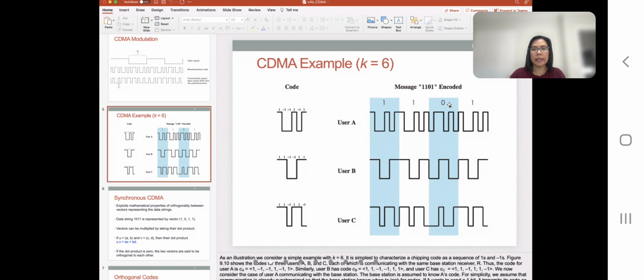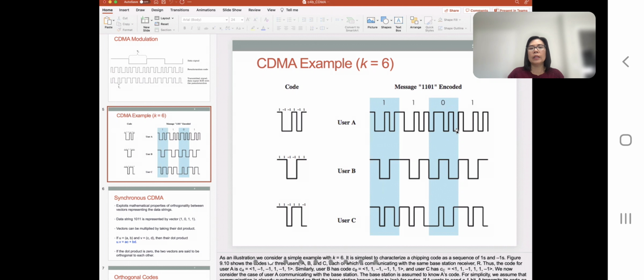remember, in circuits, we don't have 0 voltage. We will have two different voltages, one for 1 and the other for 0. So we can assume that we use a positive voltage for 1 and a negative voltage for 0. If we multiply this by -1, then you can see that these codes will be inverted. So instead of 1, it becomes -1, and then -1 and -1 become 1, 1. 1 becomes -1, -1 becomes 1, and then 1 becomes -1.